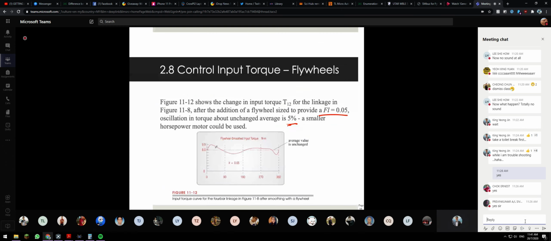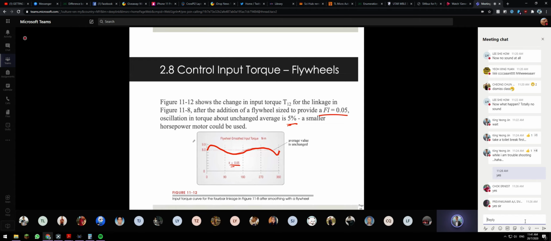So then we will find out that this will be our torque curve, the new torque curve now, right? So you can see that it is relatively smaller, the variation becomes smaller.